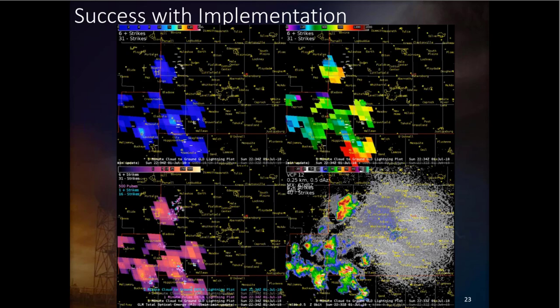We went back, downloaded all the data, downloaded all the ground-based networks from AWIPS, and Texas Tech, the researchers there, went back and looked at the GLM data, and that flash indeed was not in the GLM data, even though all the ground-based networks saw it.